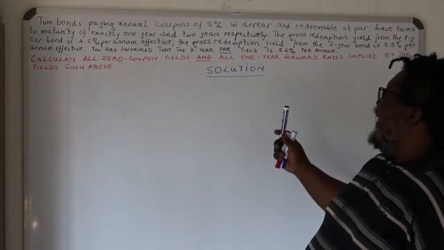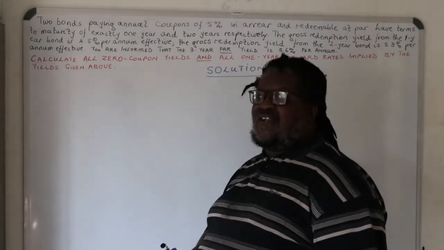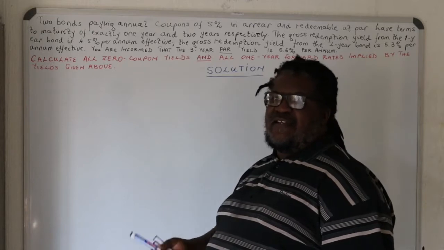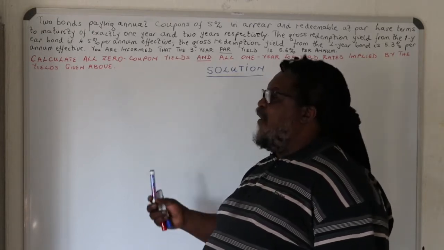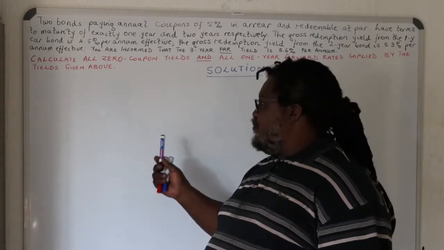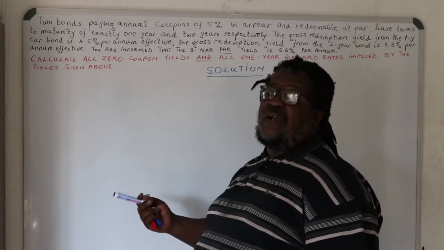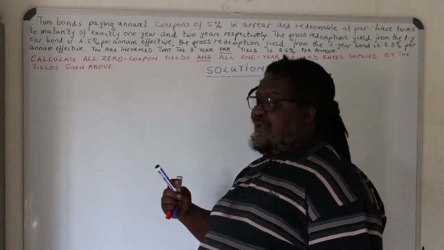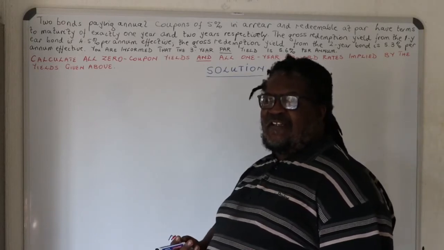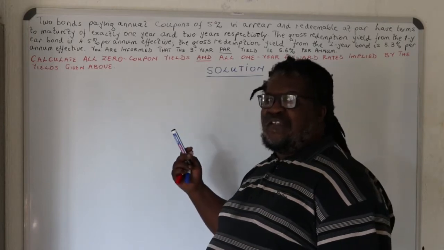I was given this question by an actuarial student, and we worked and discussed it, and I found it so interesting that I decided to do this video. I've already worked this problem, and I'm going to show you the steps that you can take in an examination in order for the question not to be that challenging.